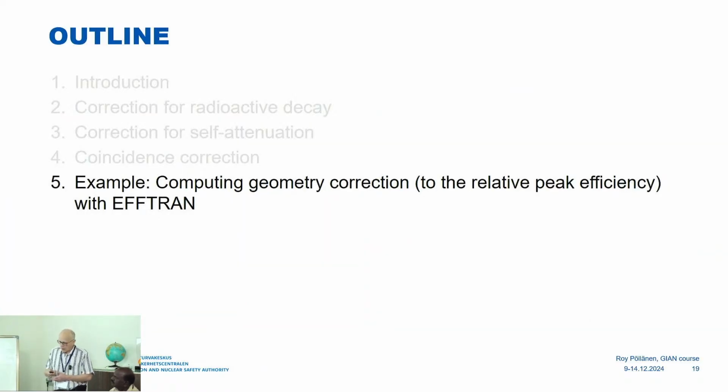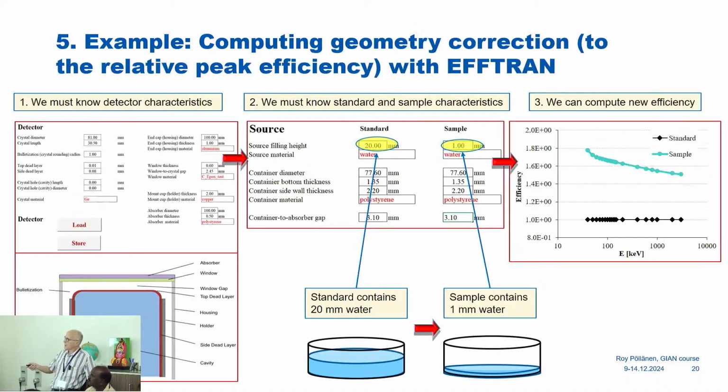Okay, I won't go any further with the corrections. There are some minor things that can be taken into account or not. This example I already showed you, yesterday or the day before.